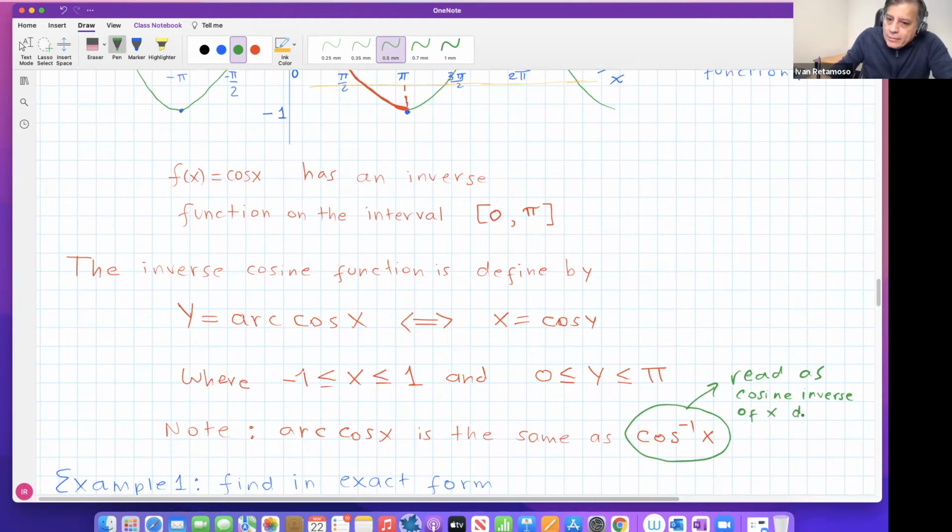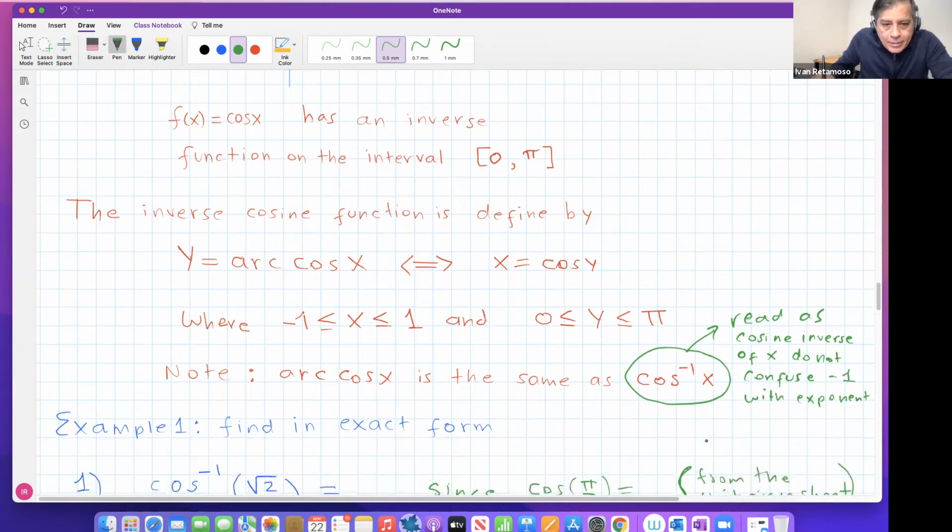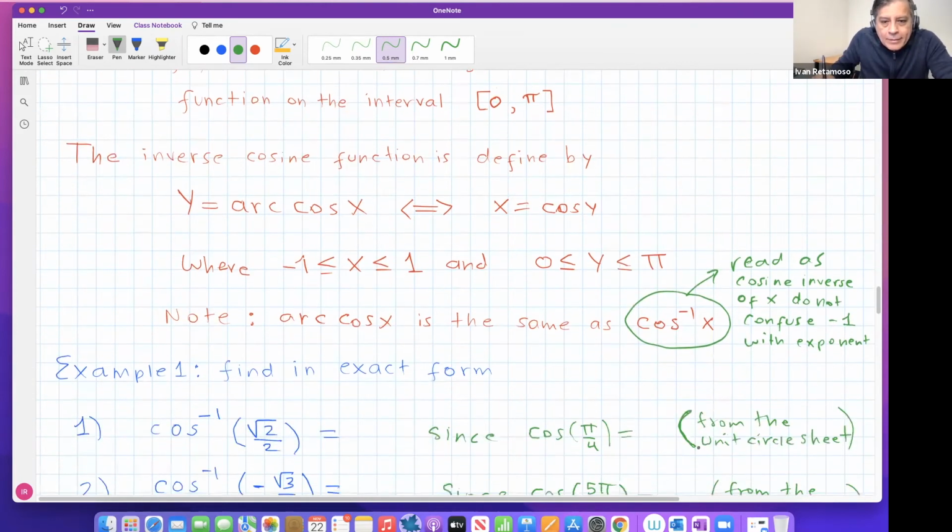Do not confuse this -1 with an exponent. It's not an exponent, okay? This is not 1 over cosine, right? It's not cosine raised to -1. Instead, this indicates cosine inverse, the inverse function of cosine, right? Very good.